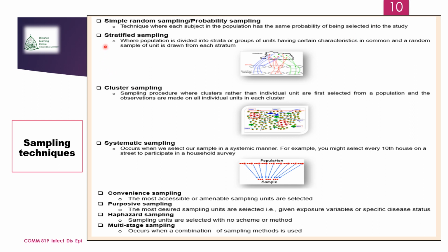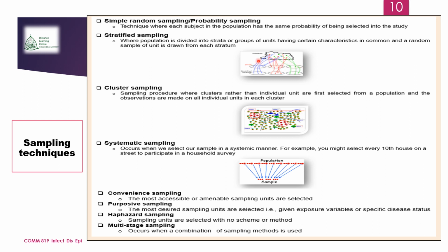Then we have another sampling technique that we call stratified sampling. Stratified sampling is where you have a heterogeneous population, where you see different characteristics in the larger population. So in order to reduce heterogeneity, you need to create strata.